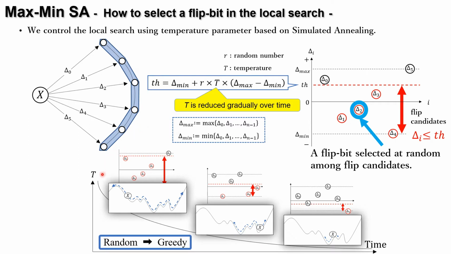So flip candidates that increase the energy function gradually disappear with a decrease in the temperature parameter, and the local search shifts from random search to greedy search. In addition to this, the decrease is gradual, so we can move the solution closer to a global minimum while avoiding a local minimum.